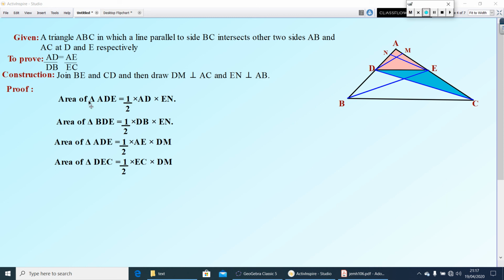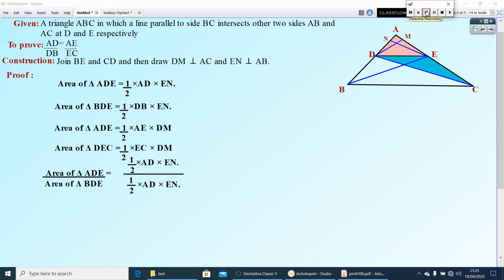Now find the ratio of the first two areas and the last two areas. What will we get? Area of triangle ADE by area of triangle BDE is equal to half AD into EN by half DB into EN. Here half and half cancel, EN and EN cancel, so the remaining is AD by DB.